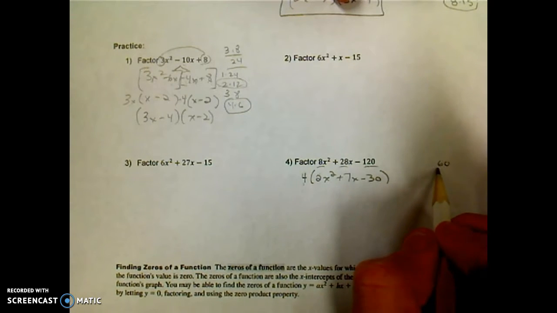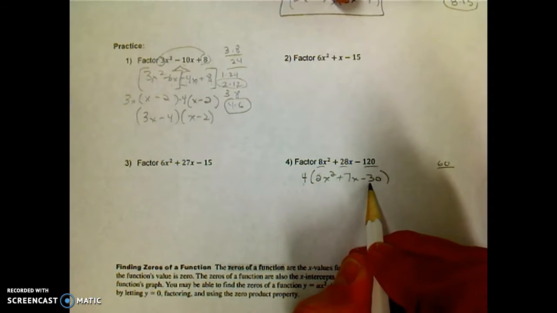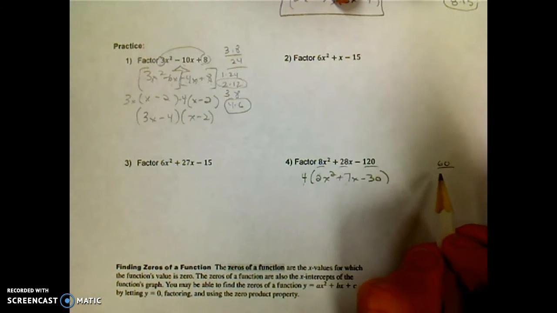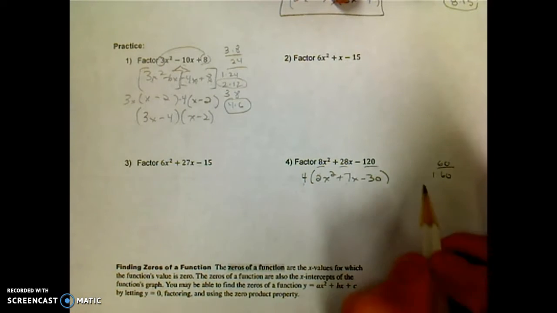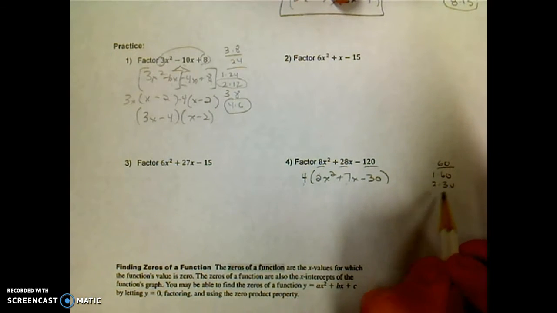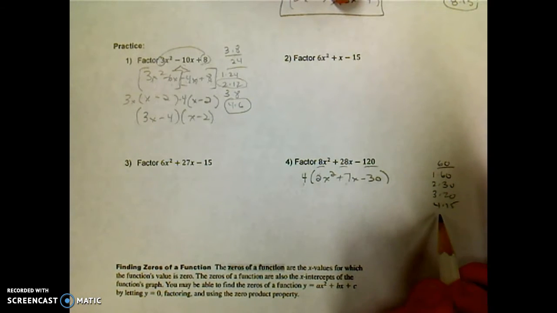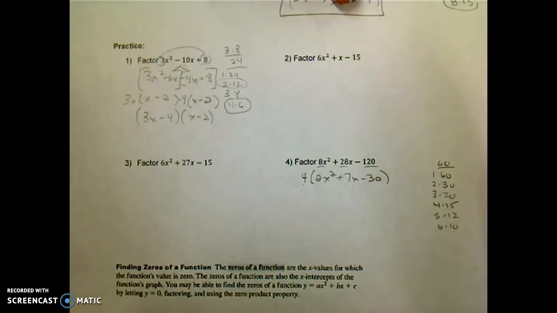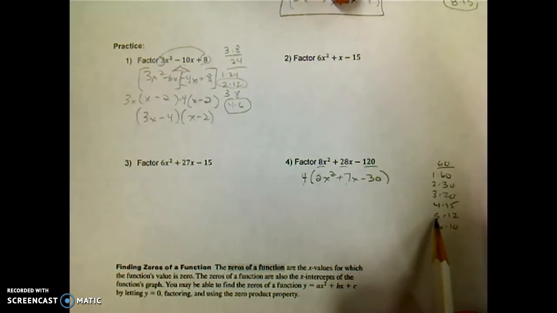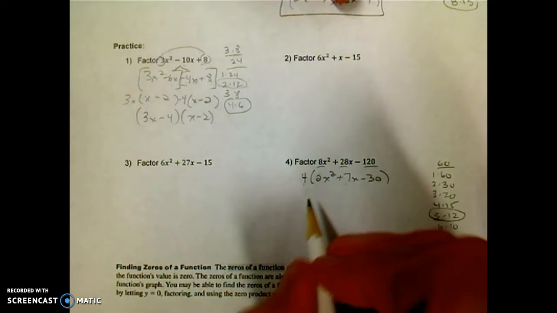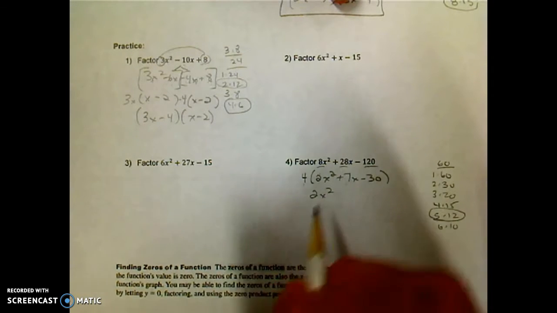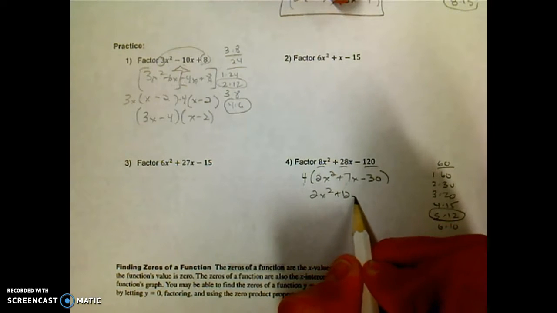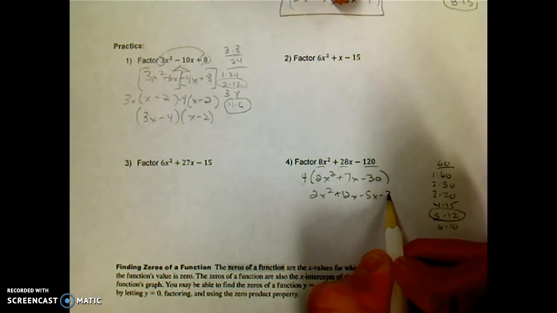So two factors of 60 that are opposite signs, that when I subtract I get 7. 1 and 60, 2 and 30, 3 and 20, 4 and 15, 5 and 12, 6 and 10. So when I subtract 12 minus 5, I end up with 7. 2x squared plus 12x minus 5x minus 30.